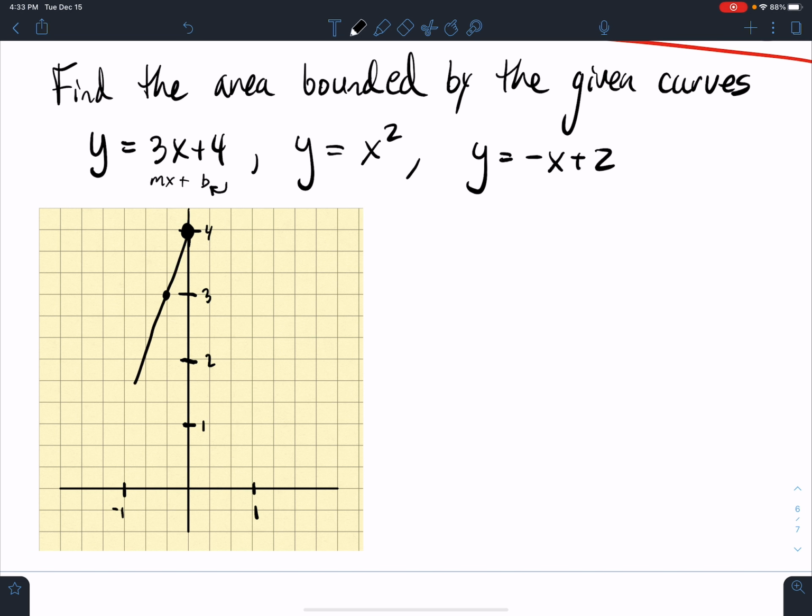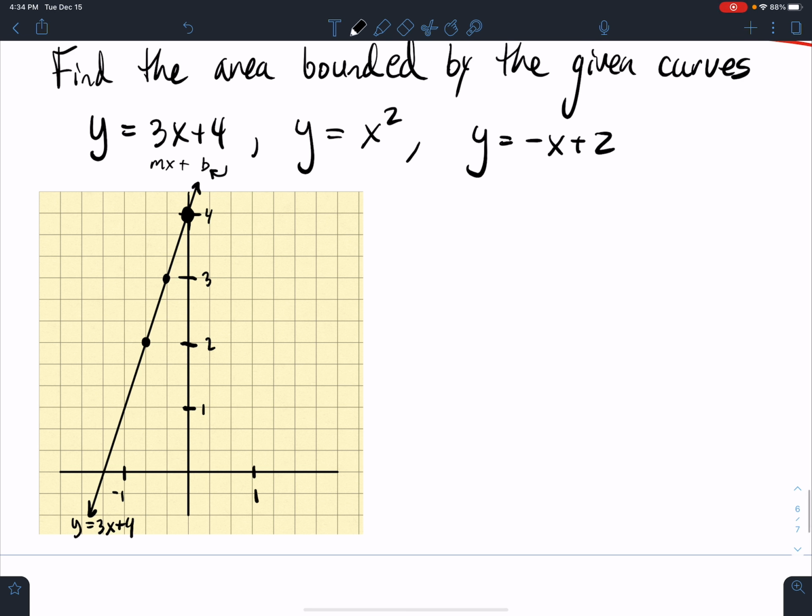And then I'm going to connect the dots. So that's this line right here, y equals 3x plus 4.